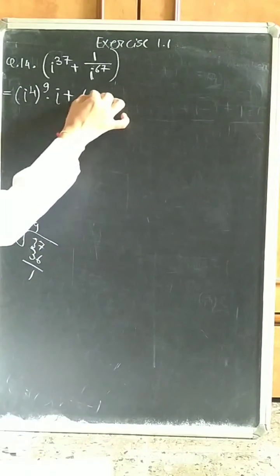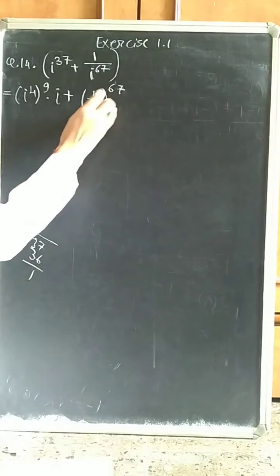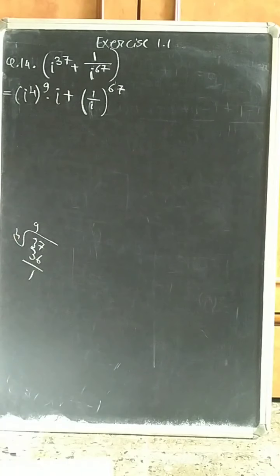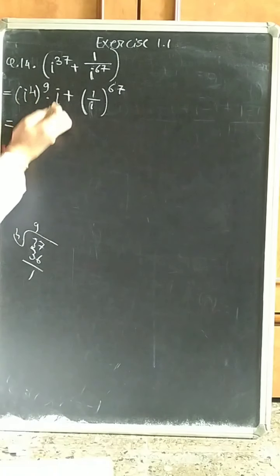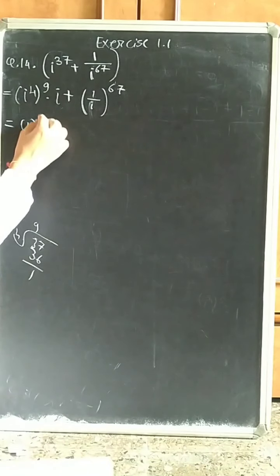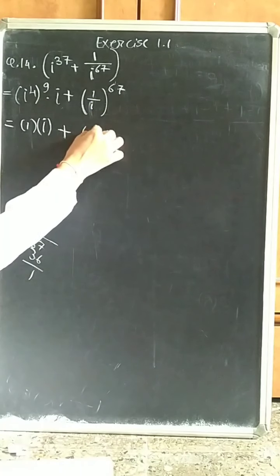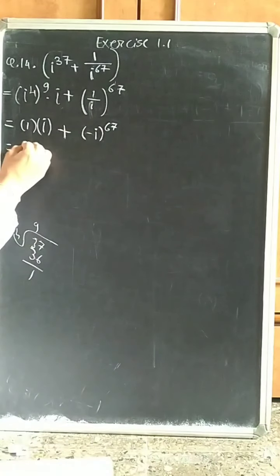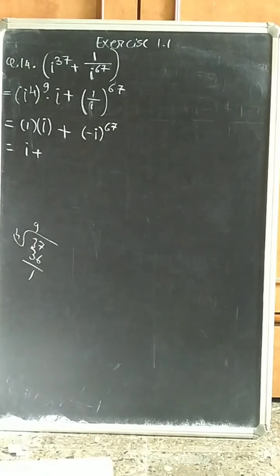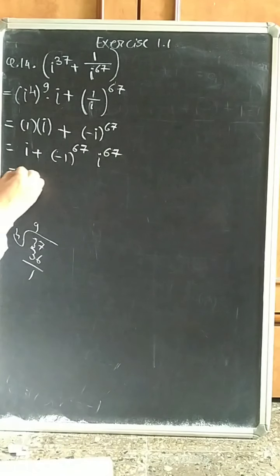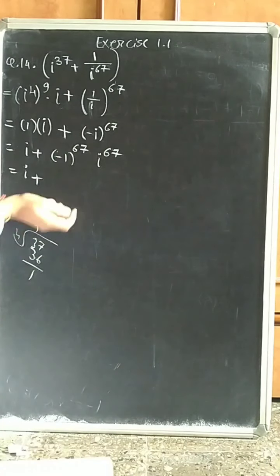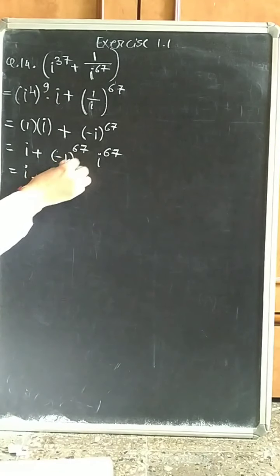Now plus 1 upon i raised to 67, यालाच आपण असं लिहू शकतो 1 upon i raised to 67, which is equal to, this is 1 into i, plus 1 upon i is minus i, raised to 67, which is equal to i plus minus i raised to 67, which is nothing but minus 1 raised to 67 and i raised to 67. This is i plus minus 1 raised to 67, 67 is an odd number, therefore minus 1 raised to an odd number is minus 1.